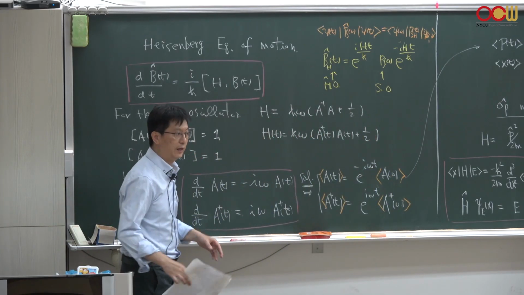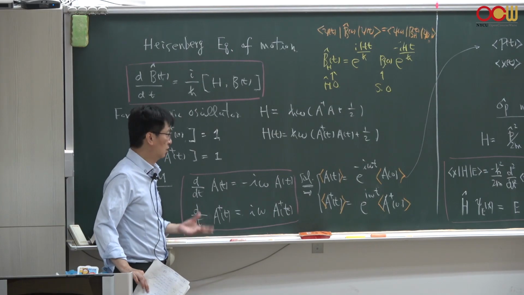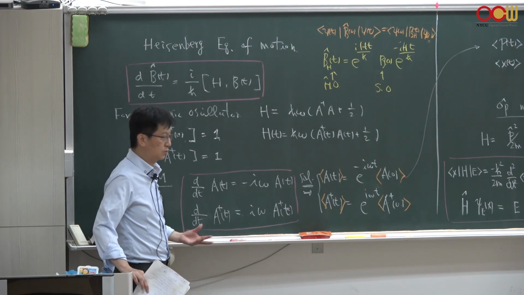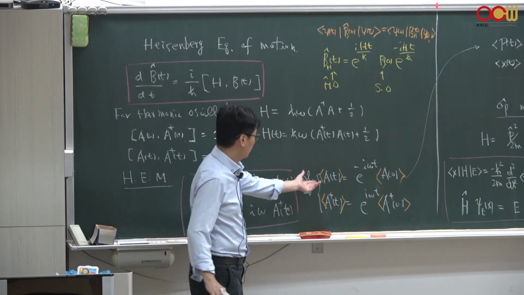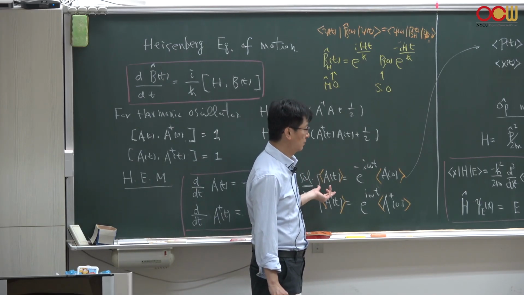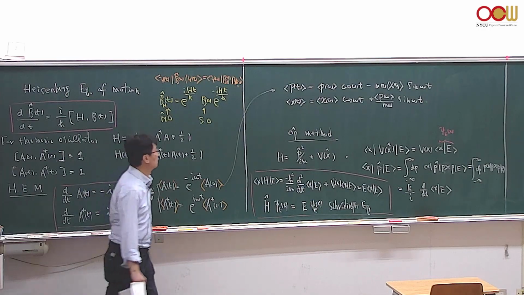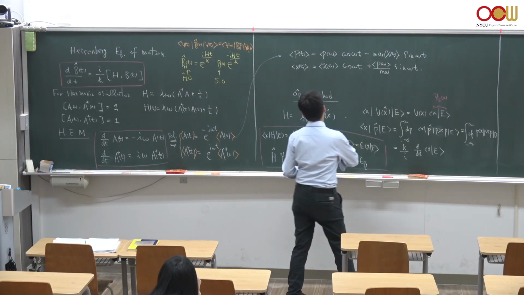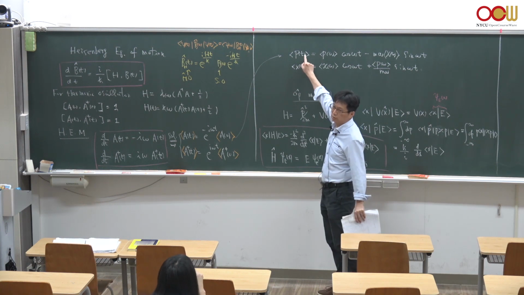Because we know that A and A dagger are linear combinations of x and p, once we know the time dependence of A or A dagger as a function of time, we know the time dependence of the x average and also the momentum average.